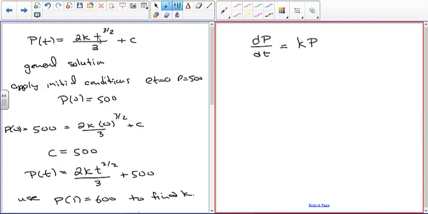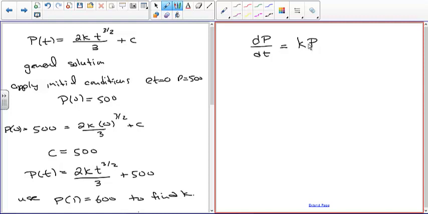So here it's a function of t, but in reality the rate of change of the growth of bacteria is proportional to the population size. That kind of makes sense. I mean, the more bacteria you have, the more bacteria can have cell division.